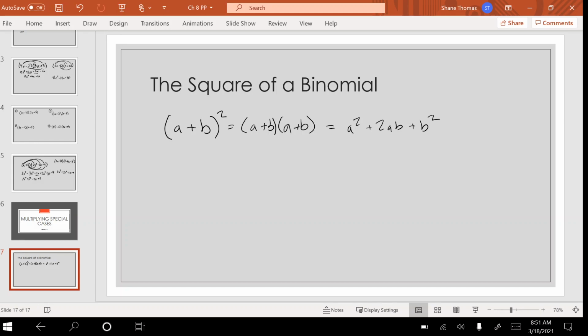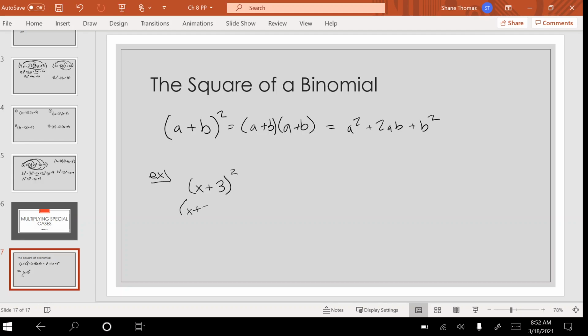So for instance, if I have (x + 3) quantity squared. All right, so first I'm going to do it the long way, then I'll do it by rule, okay? So first I see this, I think, all right, I get a FOIL.